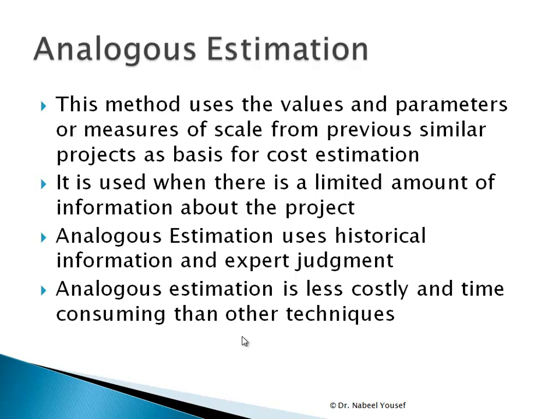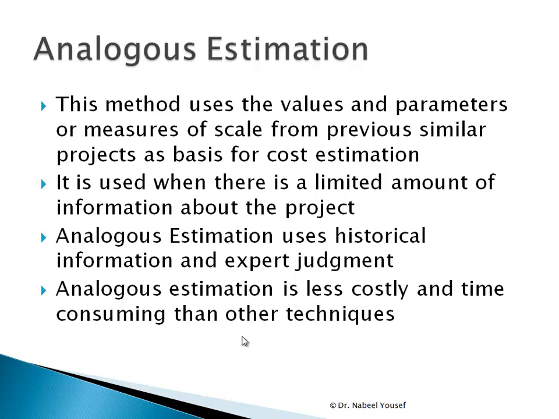In the analogous estimation, this method uses the values and parameters of measures of scale from previous similar projects as the basis for cost estimation. It is used when there is a limited amount of information about the project.